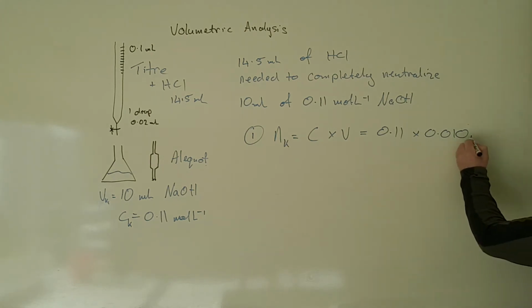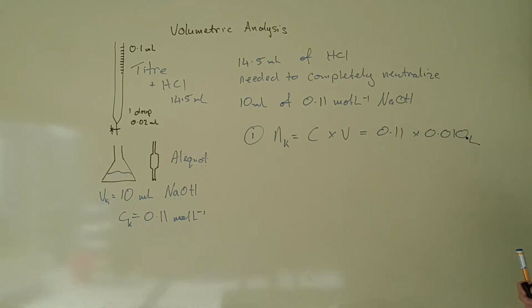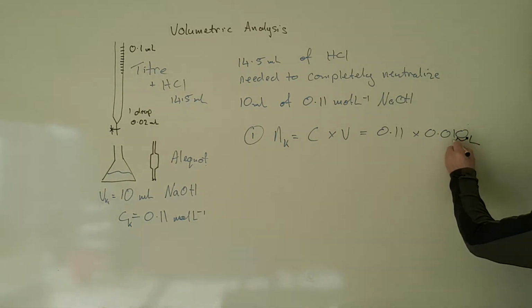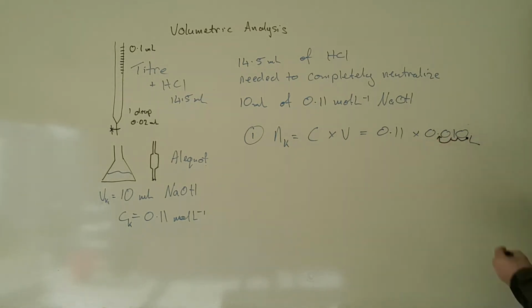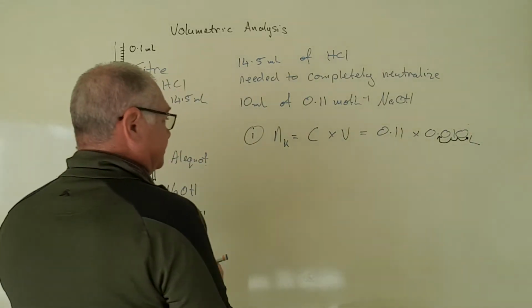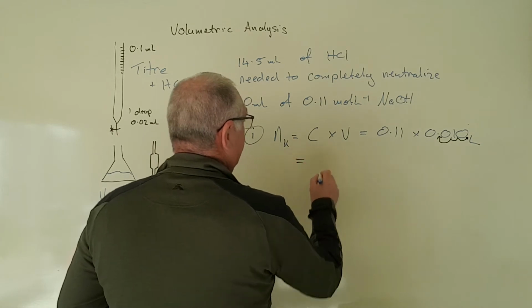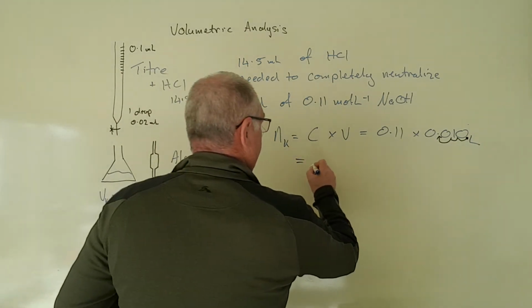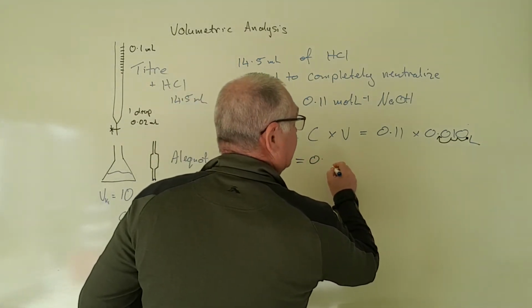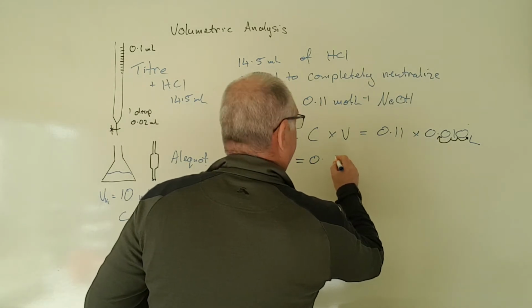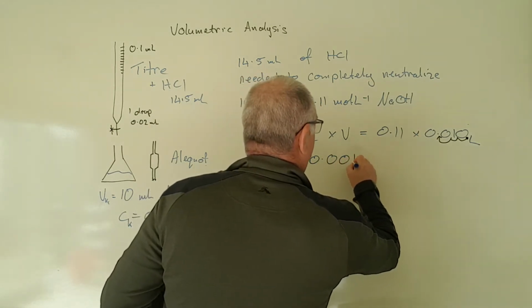I originally had 10 millilitres, 1, 2, 3, shift the decimal point 3 places, and you convert it into litres. So the number of moles of sodium hydroxide is 0.0011.